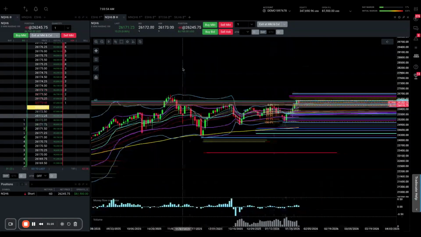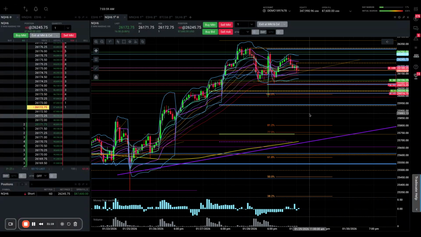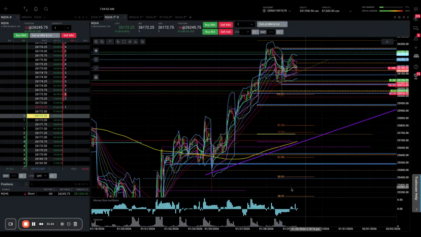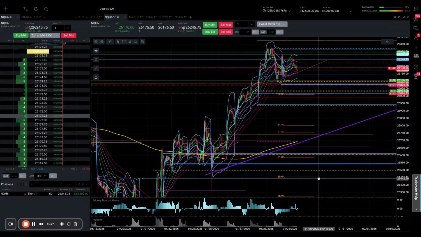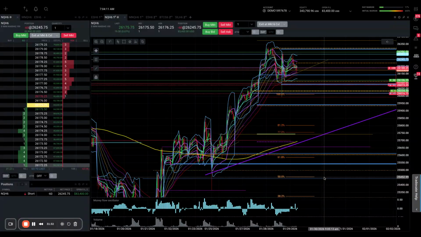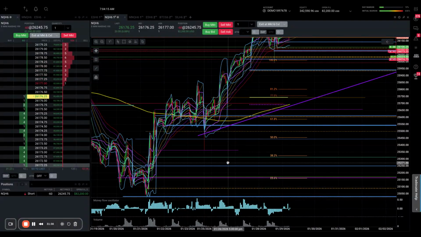Okay. Let me get back to the hourly. Boom. Okay, 50% is going to be right here. Our blue line that we have, which is 25,442. 25,442. You can start looking for bounces.